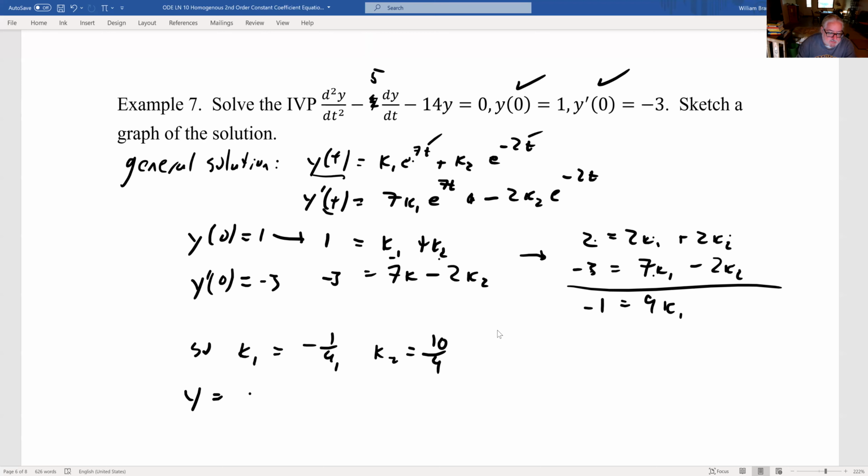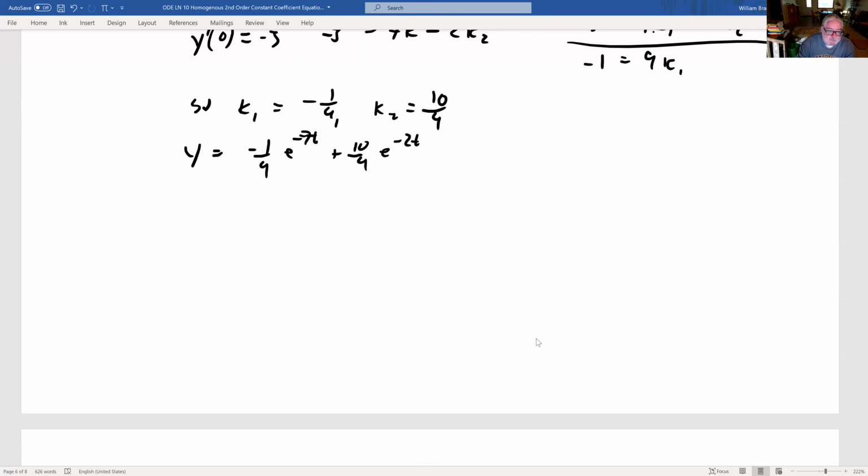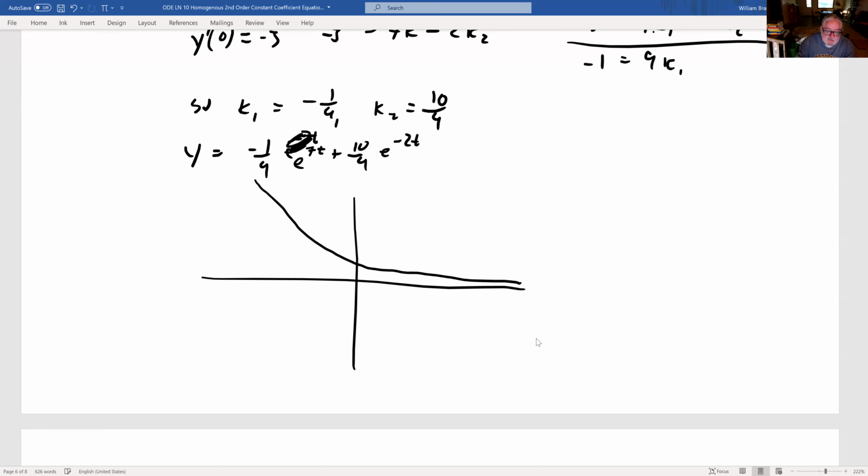So y equals minus 1/9 e to the 7t plus 10/9 e to the minus 2t. So if we look at graphing this, 10/9 e to the minus 2t will look something like this, a negative exponential.